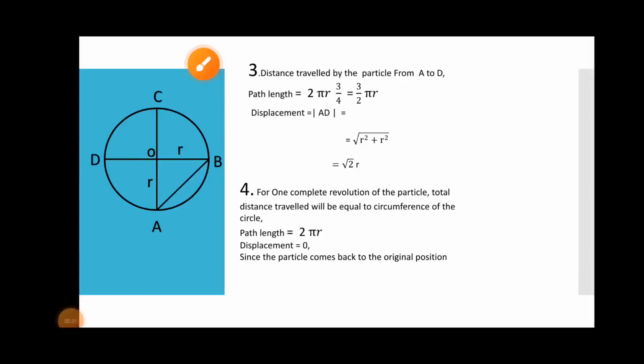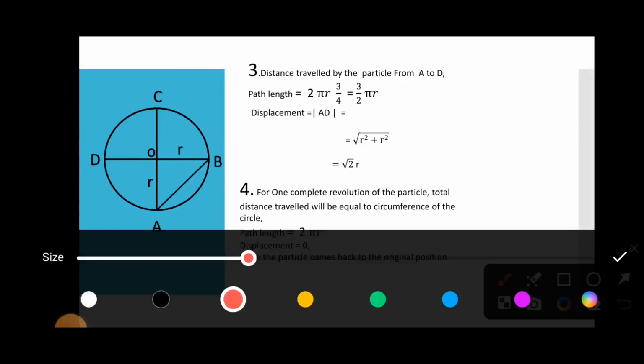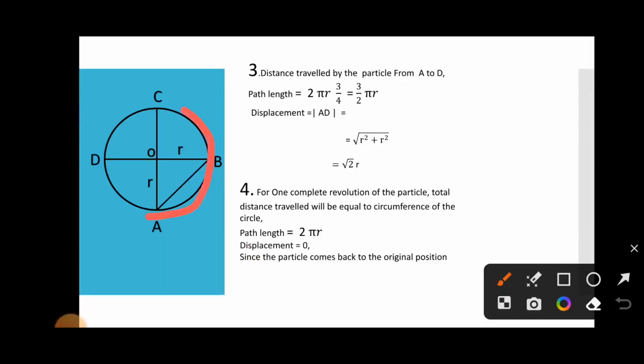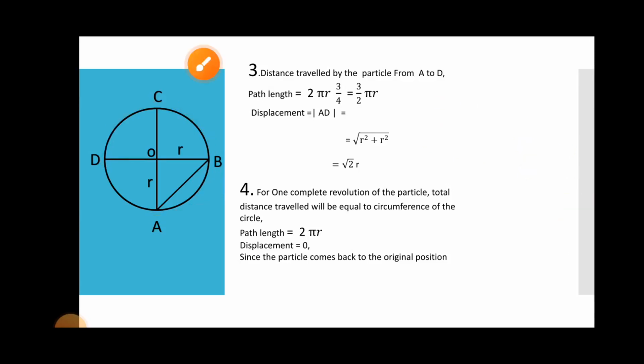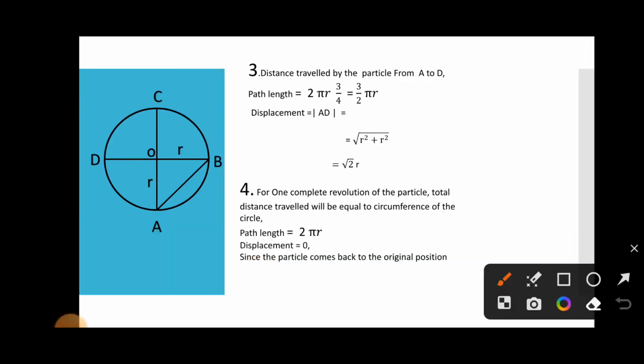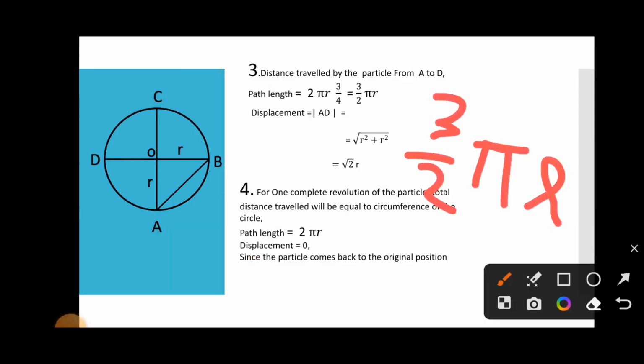So in the third case, the distance travelled by the particle from A to D, which is the 3/4 part of the circle. For this, the path length is equal to 2 pi r into 3 by 4, which gives 3 by 2 into pi r.